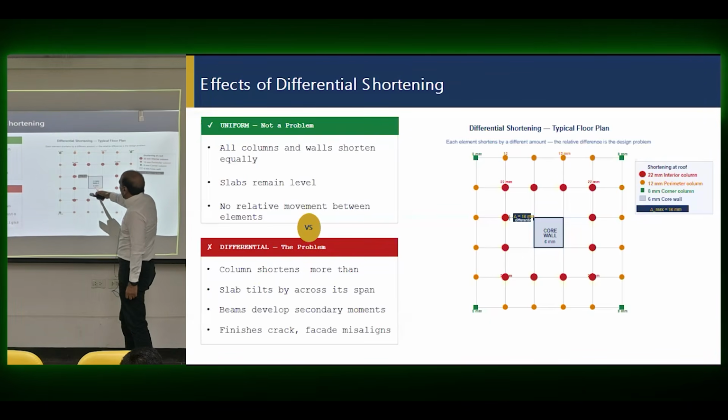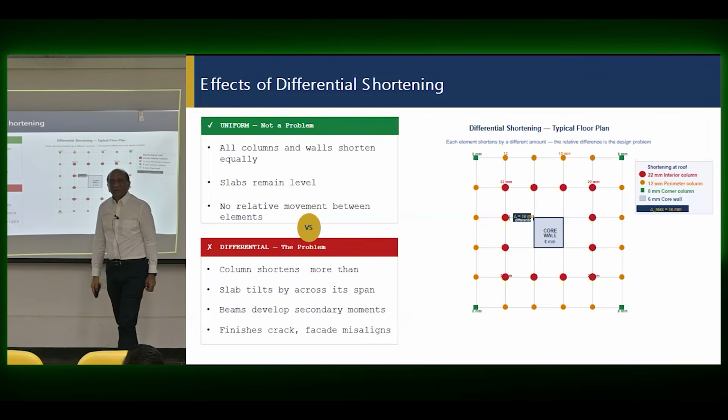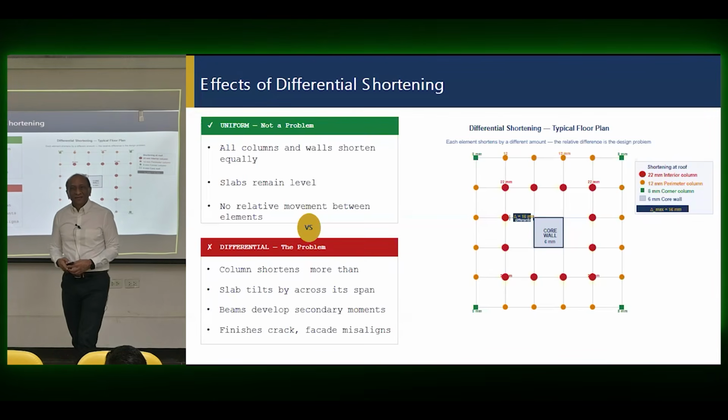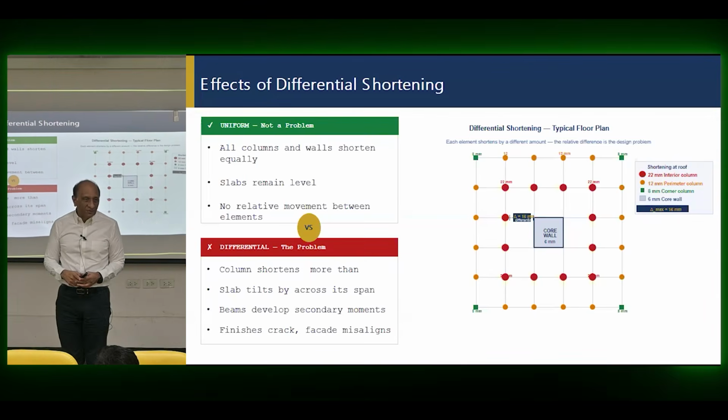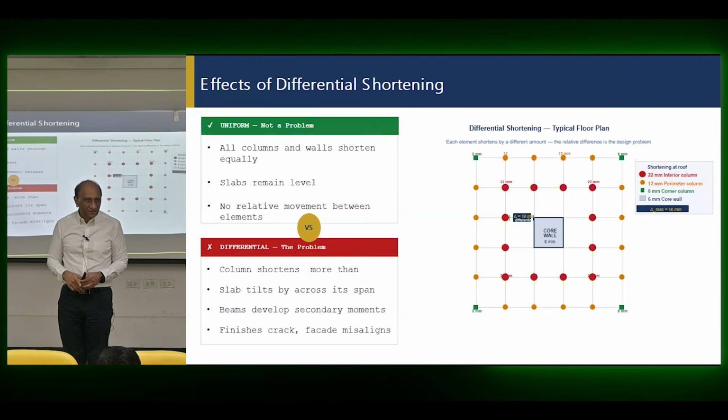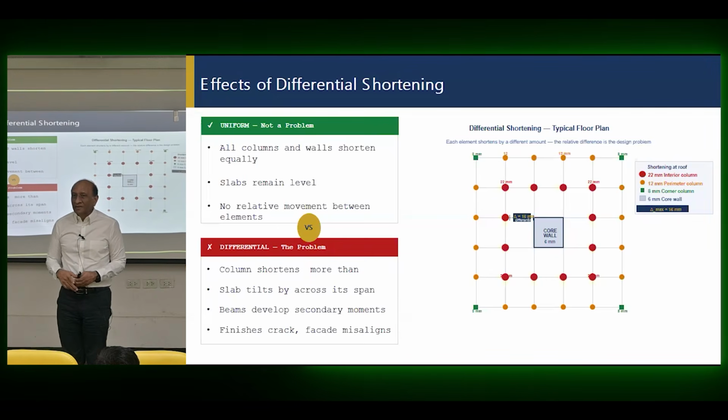Look at the core, and the wall is only, let's say, 16 millimeter. So every column will have a different level. This is not acceptable because that means the floor is not flat, right? People expect the flat floor, and which means that the floor which is flat today is not flat tomorrow.